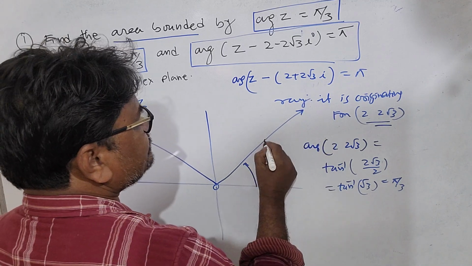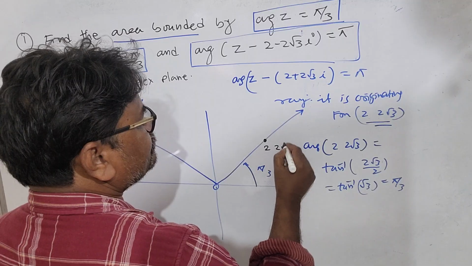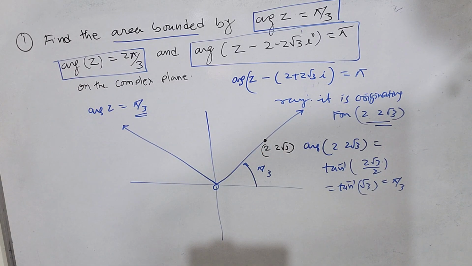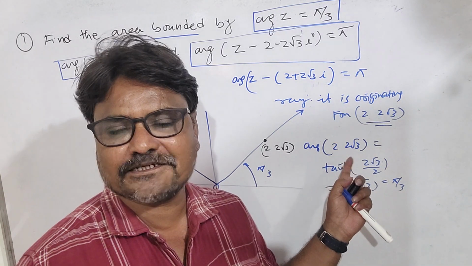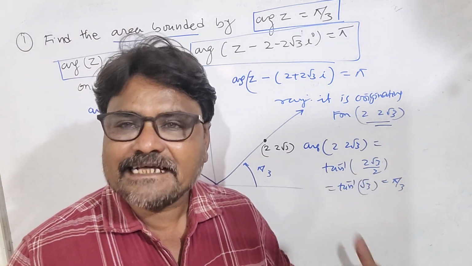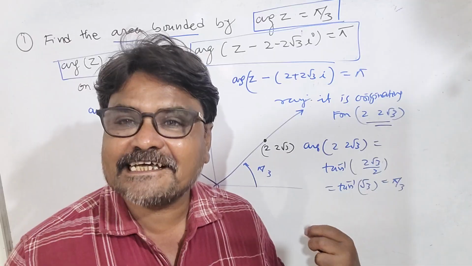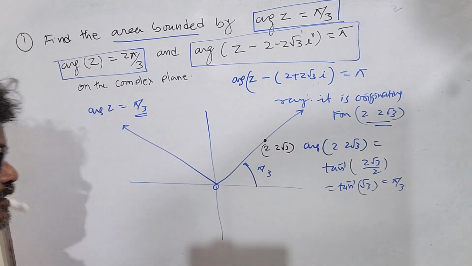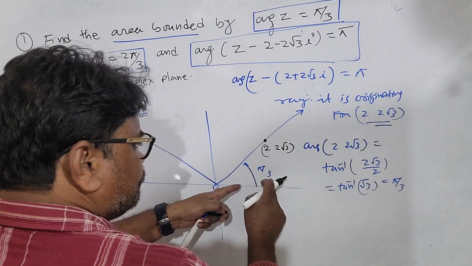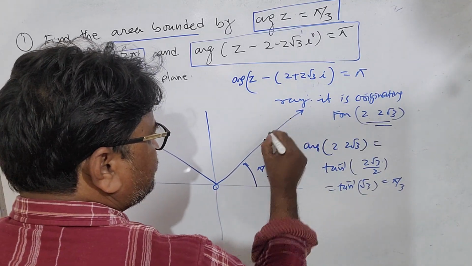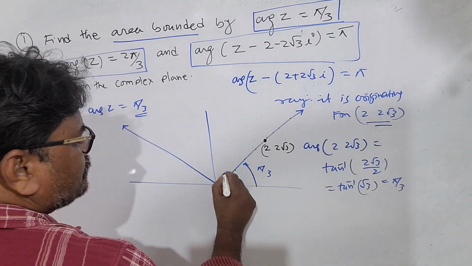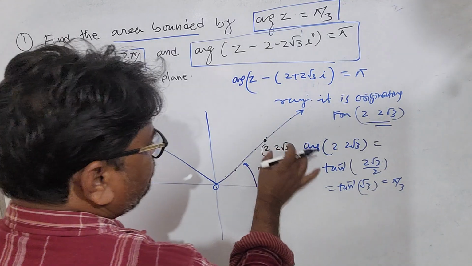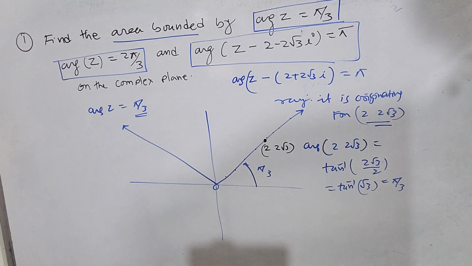So suppose this is your (2, 2 root 3). So many times we are applying the concept of argument in the same question. This point definitely lies on this ray, because the argument of this ray is pi by 3. All the complex numbers lying here have the argument pi by 3, and therefore (2, 2 root 3) lies over here.